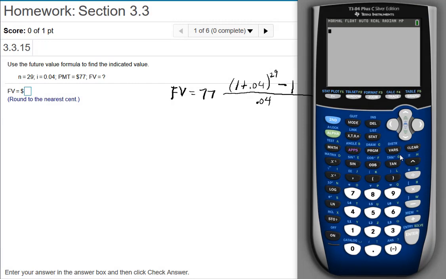Now to do this with the TI-84, we'll do 77 times, then we'll go to the green alpha key, the y equals key, choose number 1, which is our fraction template, and then enter the fraction.